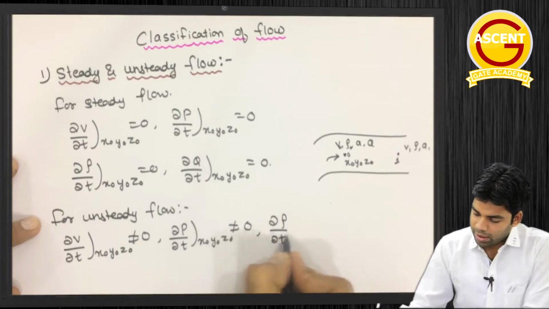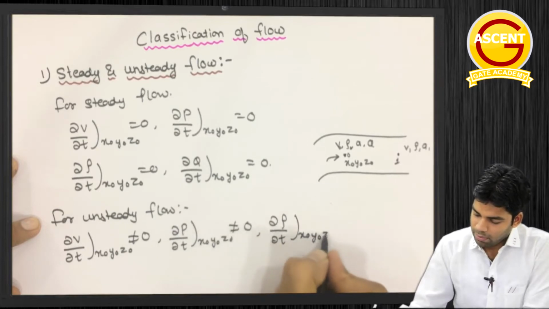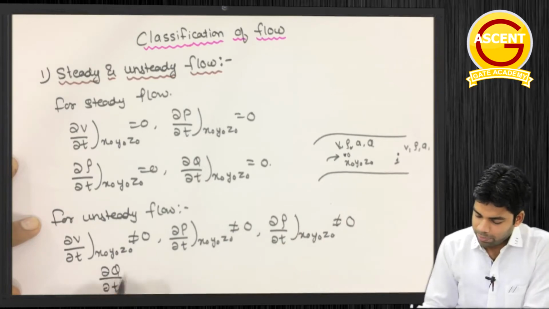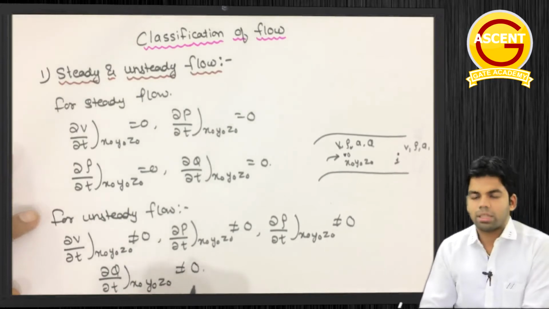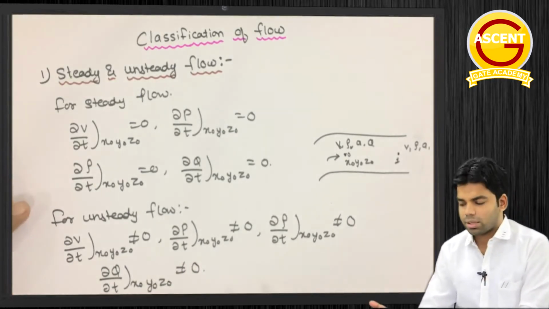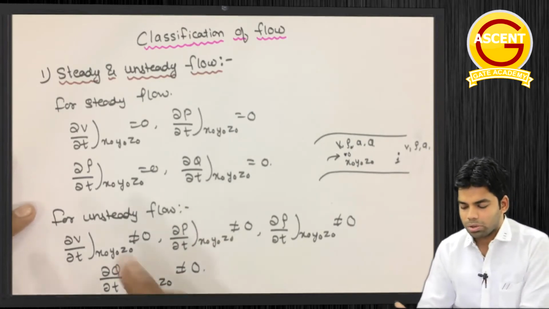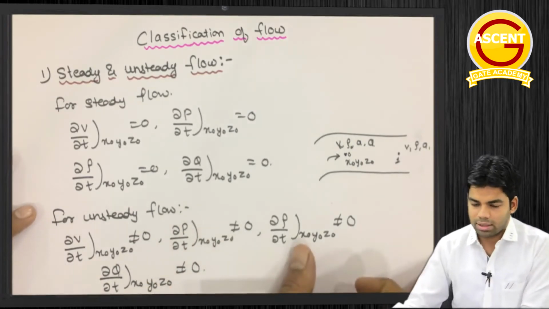Del rho by del t not equal to 0, and del q by del t is not equal to 0. So all these properties may change with respect to time at a particular space coordinate, and that is called unsteady flow. Okay, so this is how we can define steady and unsteady flow.